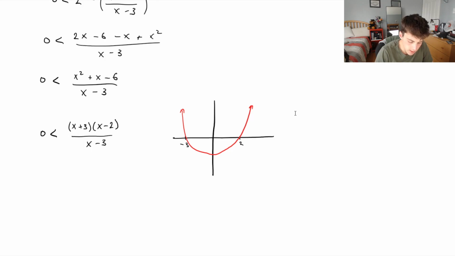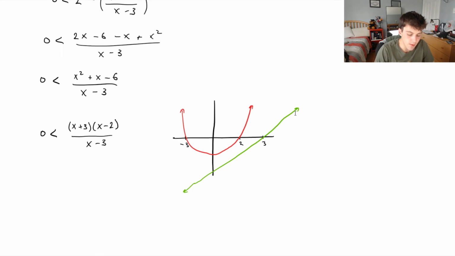So this is the numerator, and then let's draw the denominator. We've got x minus 3, so that's very clearly just a line with a slope of 1 that's shifted to the right by 3 units. So now we've got a 3 here, and we know that it's going to look something like that.